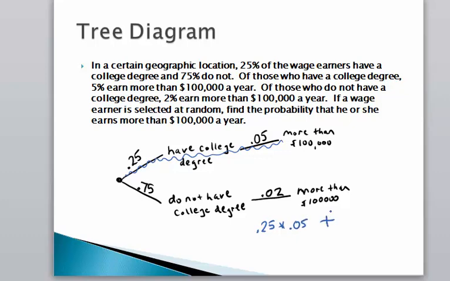Or, and remember that or means addition, we can go this path, which is going to be the 0.75 times the 0.02. Again, remember that you want to multiply along the paths and add in between the options. And so when I put this in my calculator, I get 0.0275 as my final answer.